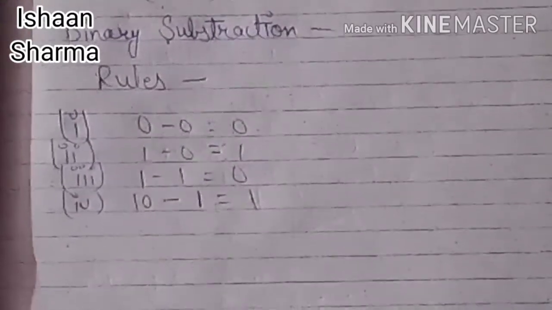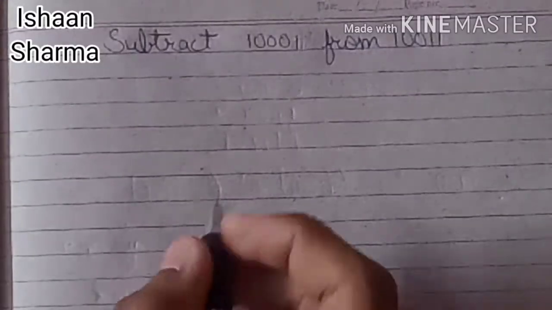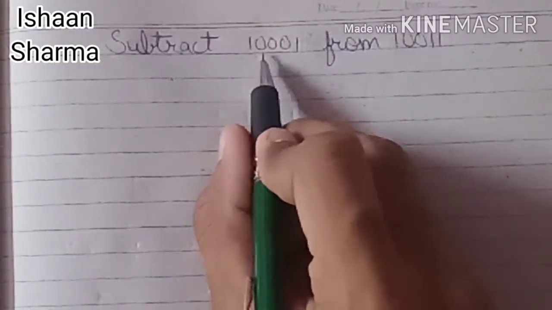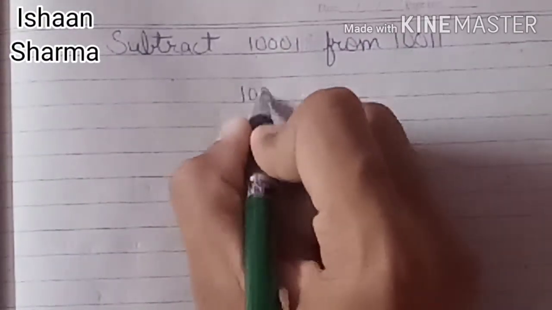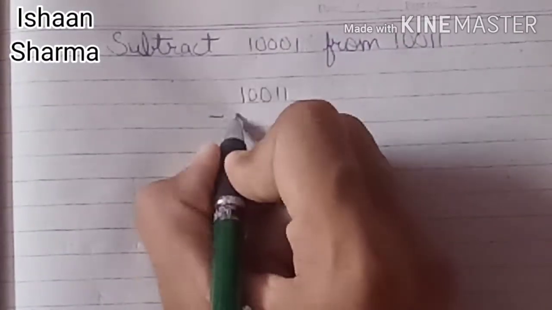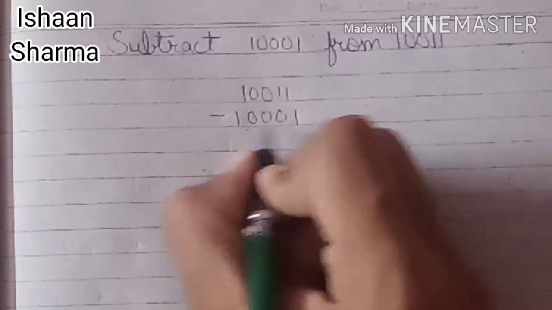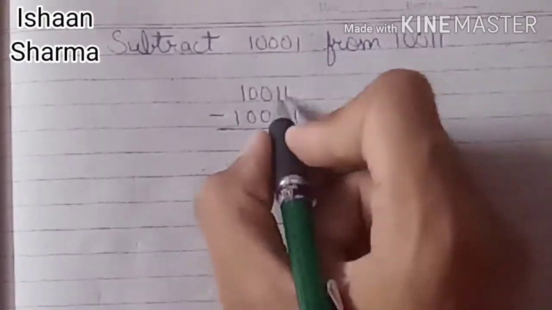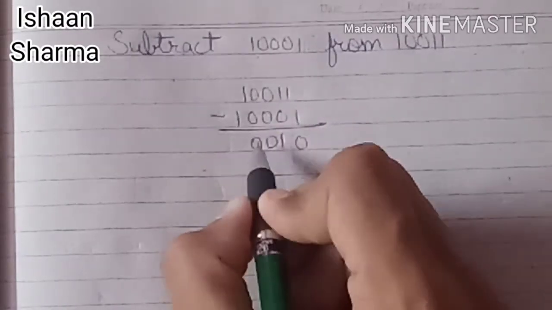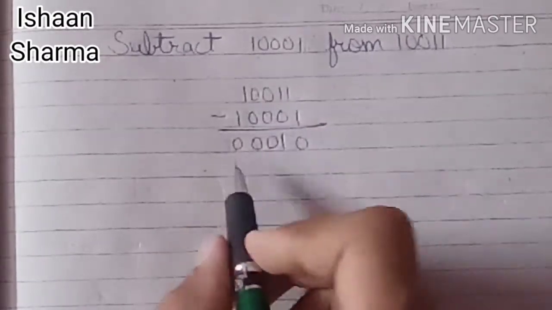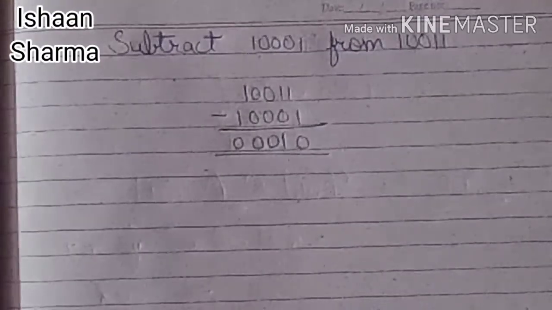Okay, so let us do an example. Subtract 1 0 0 1 from 1 0 1 0 1. So 1 minus 1 is 0, 0 minus 0 is 0, 1 minus 0 is 1, 0 minus 0 is 0, and 1 minus 1 is 0.